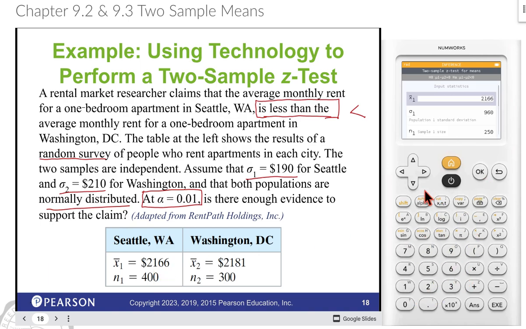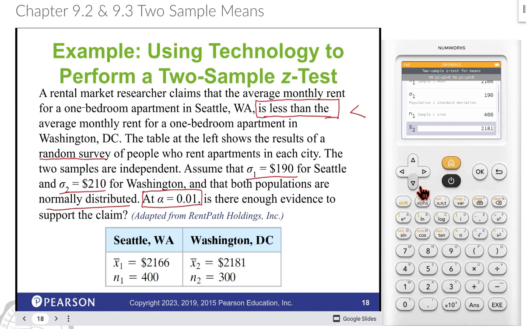In this case, the sample mean is 2,166 for the rent in Seattle. The standard deviation is $190. And then the N1 sample size is 400 people, 400 apartments, 400 rental units. Sample mean in Washington, D.C. is 2,181.